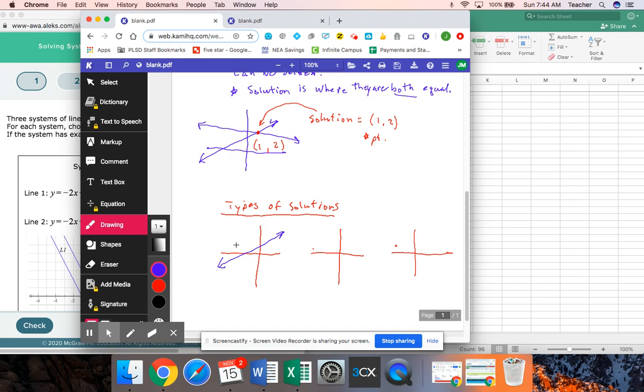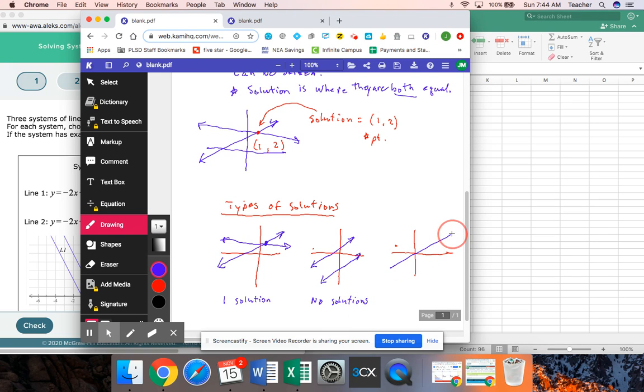You have a graph and you have another graph and they meet right here. In that case, we have one solution. It only meets one time. If I had a graph that went like this, and much like we talked about in the last unit, they were parallel, then there are no solutions because they don't intersect, they don't meet.